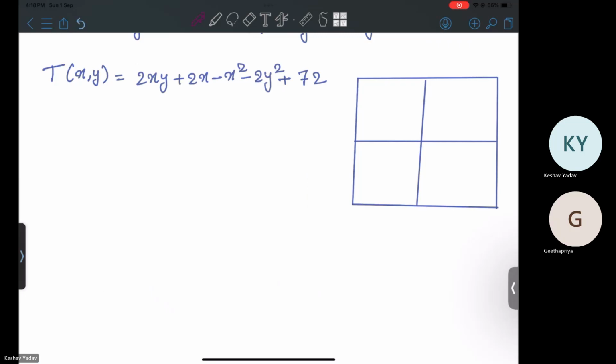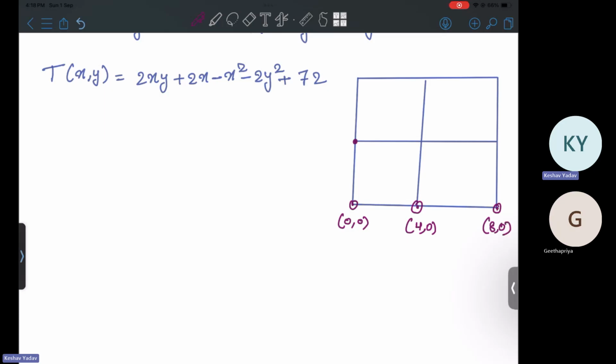So what will be the coordinate of this node? 0, 0. What will be the coordinate of this node? X is 4, y is 0. What is this coordinate? 8, 0.